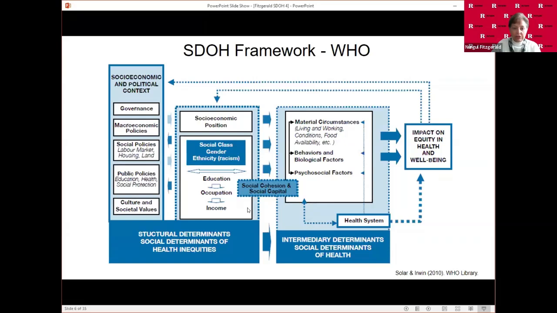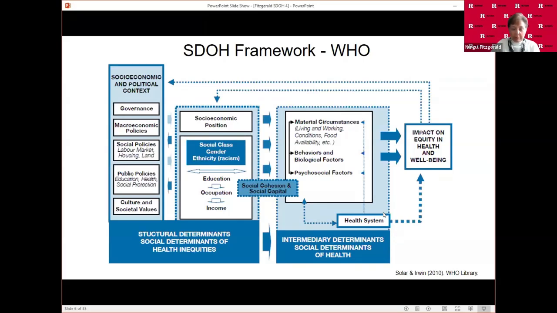It is because social cohesion and social capital can be shaped by the socioeconomic conditions that we see in the structural bucket of the social determinants of health framework, but it also has the elements of the individual's conditions and how it functions for individuals, and presents itself as those conditions and behaviors and lifestyle patterns in the intermediary bucket of the model here. So that's why it is extending over both.